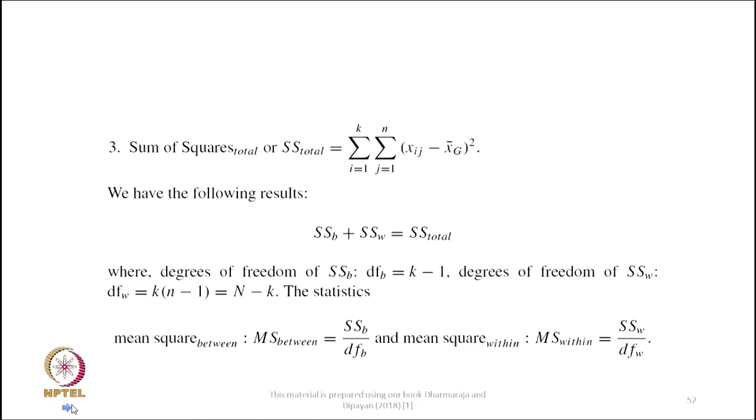It is k times, because you have k groups or k populations, but multiplied by n minus 1 because you are using the sample mean. Therefore, the independent observations are reduced by 1, so you will have k times n minus 1 as the degrees of freedom for the sum of squares within.